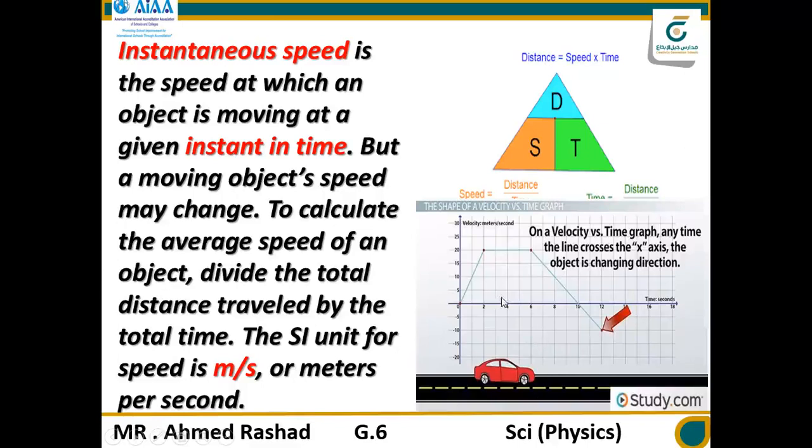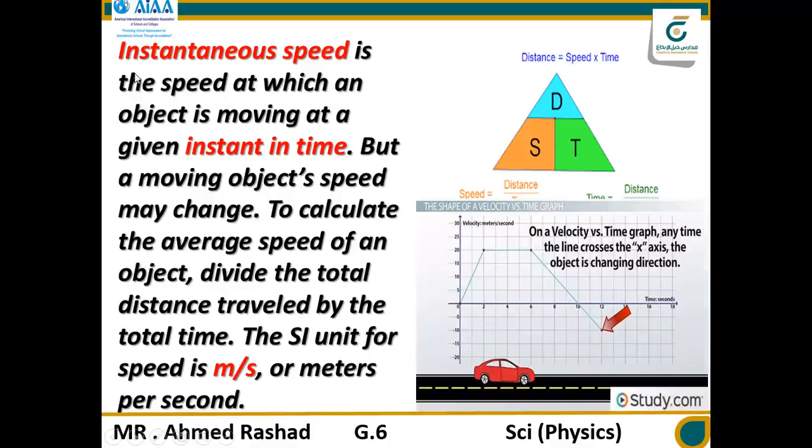So we calculate the total distance per total time to get the average speed. Instantaneous speed is different: the object travels different distances in different times. To calculate the instantaneous speed, we calculate each different distance per different time.